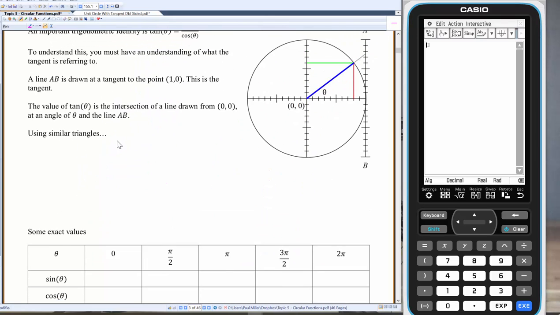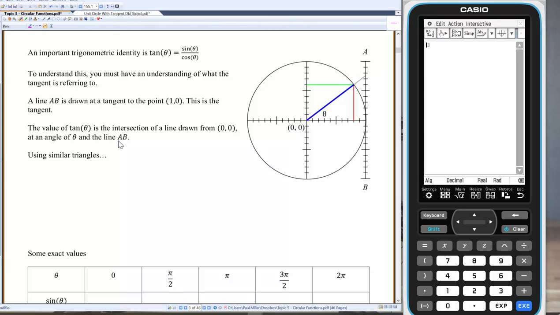What about tangent? An important trig identity is the fact that tan theta equals sine on cos. If you understand this identity and how it's derived, you do have a good understanding of circular functions. So if you imagine this line here, A, B drawn, that's what we call the tangent.